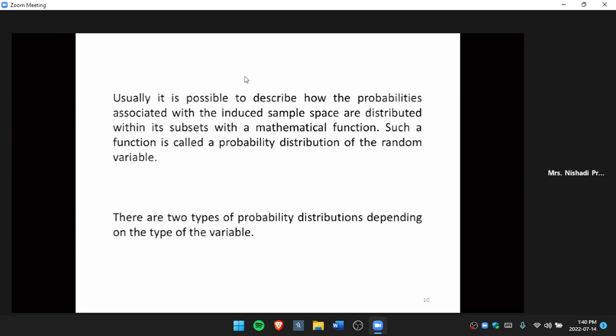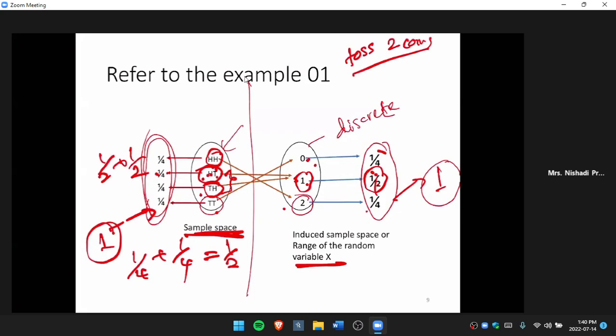Okay, we were discussing this probability distribution. Now see this diagram again. Here what we have done is, using the original sample space, we have converted it into an induced sample space, or a range of the random variable X, the random variable we defined here.